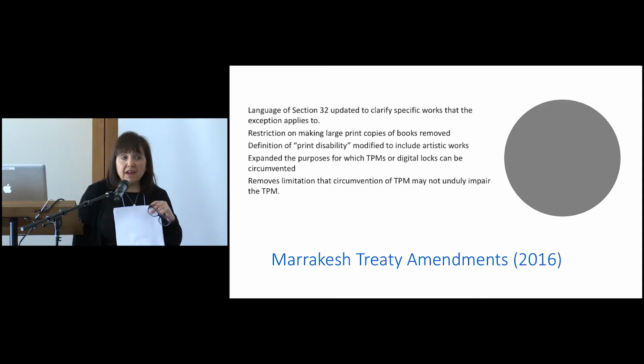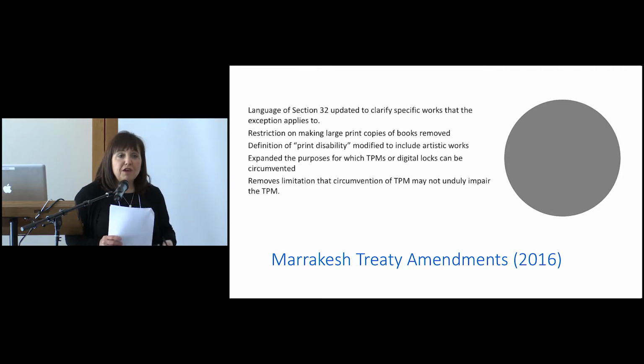And the other thing that was really good news was they took away this unduly impair language, so it lifted some of the confusion and concern around that, and meant that there were actually no restrictions on when you are able to remove a digital lock when you are copying for the purpose of creating an accessible format document or an accessible format work.